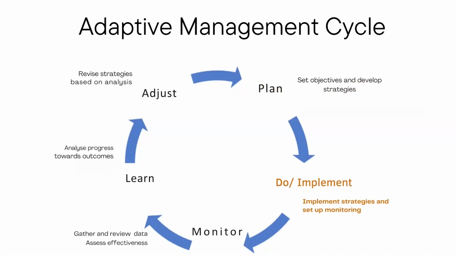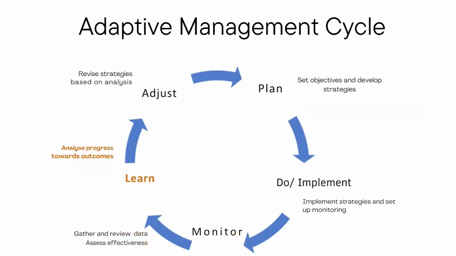So we plan, we implement the plan, and we figure out a way to understand if we are achieving our success. In monitoring, we're then gathering and reviewing information that tells us how we're doing toward implementing our actions and meeting our objectives.